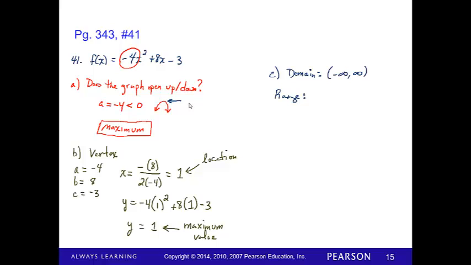The vertex is the highest point, and the range deals with the y. So the highest that this thing can get is 1, and the smallest it can be is negative infinity. So the range goes from negative infinity to 1. And use a bracket on 1 because you're including it.